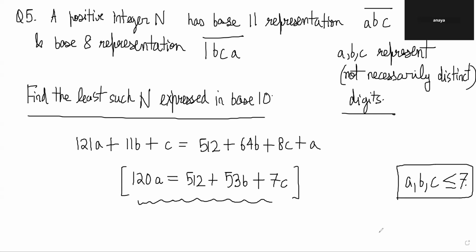And we know that 120A has to be greater than 512, so A has to be greater than 4. So you get that A can be 5, 6, and 7. Okay, so if it is 5, what is happening?